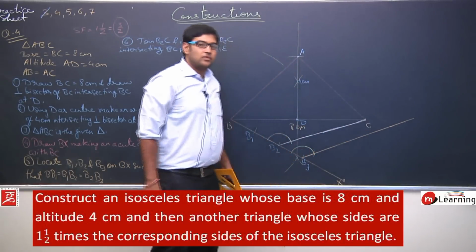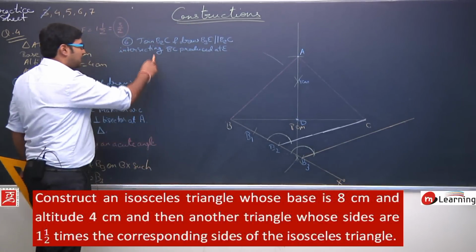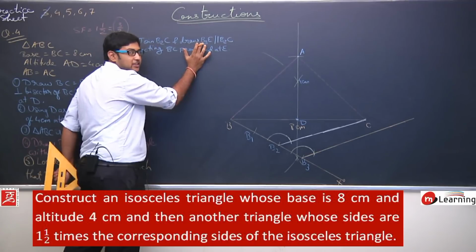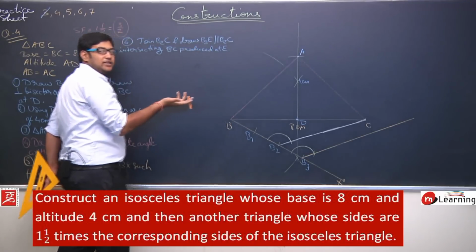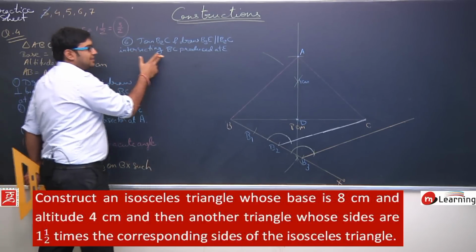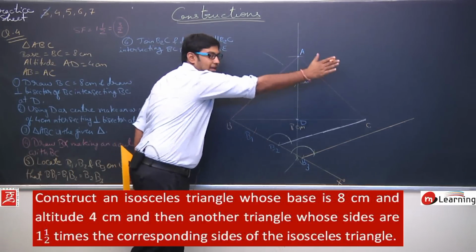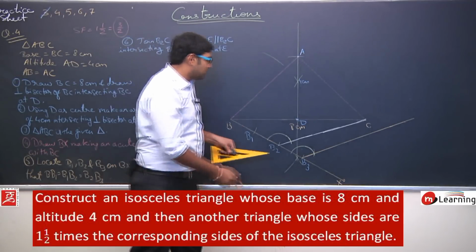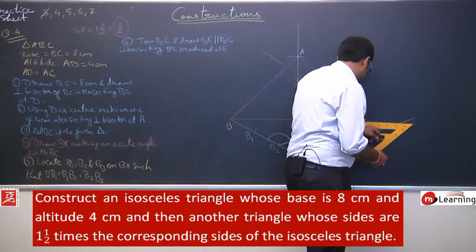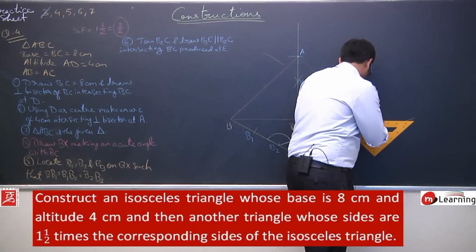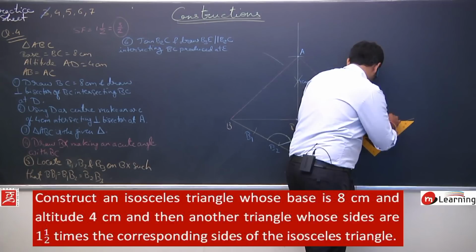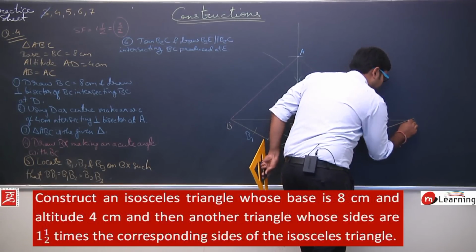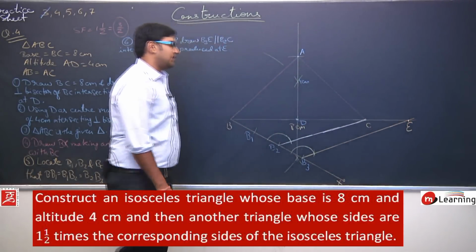Like this. Now what is said: join B2C, so we have joined B2C, and draw a line B3E. Now where is this E point located? E point is basically the intersection of this BC line and a line drawn from B3 parallel to B2C. So I will produce this BC like this, and we have got this point as point E.